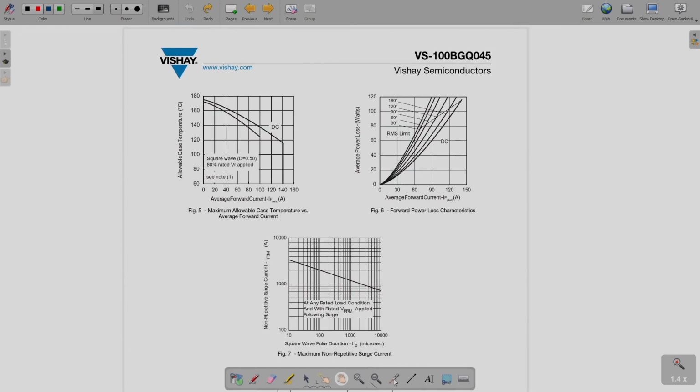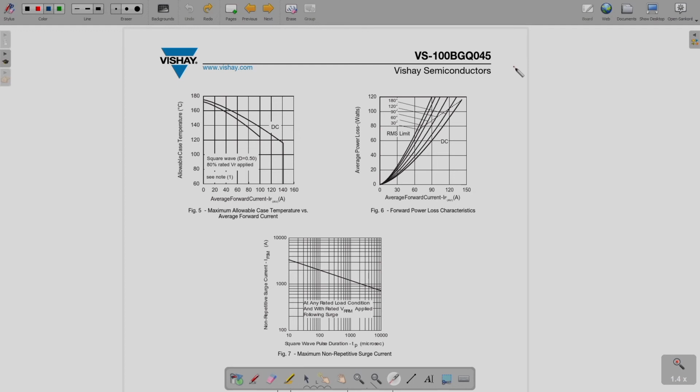Then further what you see here in this data sheet, they have provided this pulse duration versus non-repetitive surge current IFSM. So, as the value of pulse duration increases, the surge current that it can withstand decreases. Okay. So, in this data sheet there are some graphs that are provided which were not there in your rectifier bridge data sheet, and also the different specifications that are given are not exactly the same as the rectifier bridge data sheet.